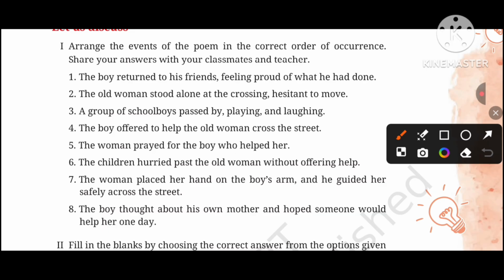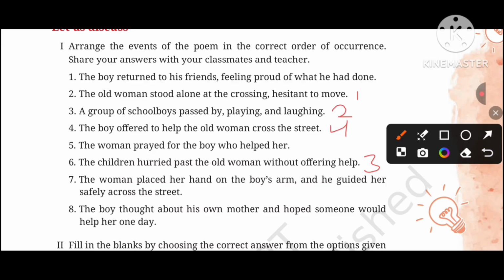The first sentence would be, the old woman stood alone at the crossing, hesitant to move. The next is, a group of schoolboys passed by, playing and laughing. Next, the children hurried past the old woman without offering help. Next, the boy offered to help the old woman cross the street.